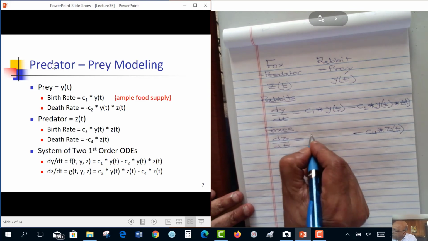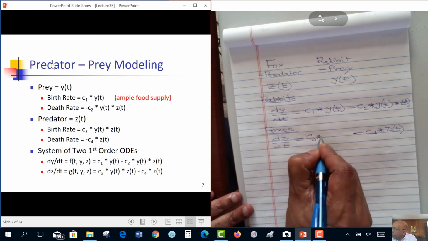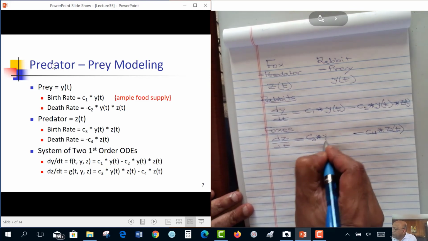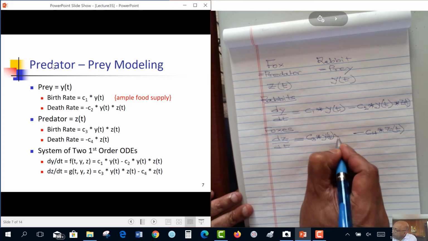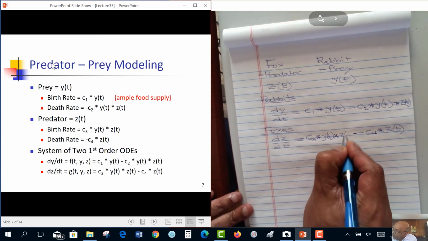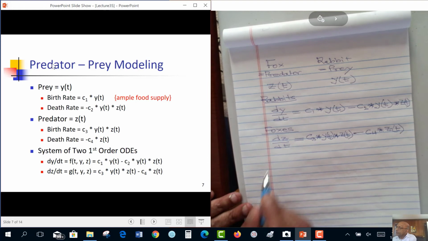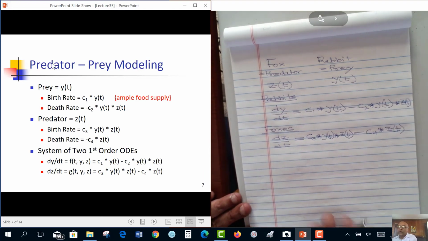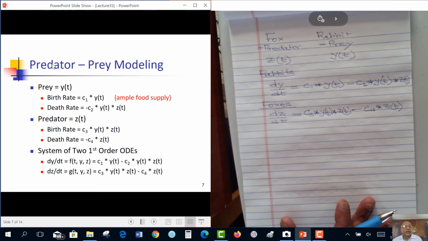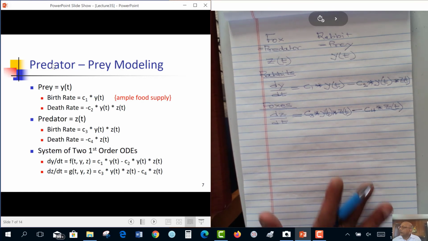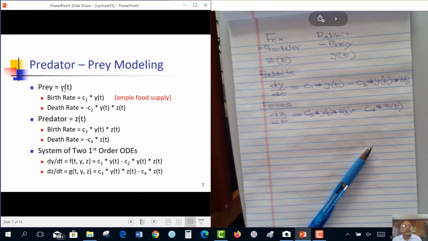However, their birth rate would be proportional not only to their own population, but to the food. So we will say both y(t) and z(t). So you can see we have two linked differential equations, a system of two first order equations that we want to solve.